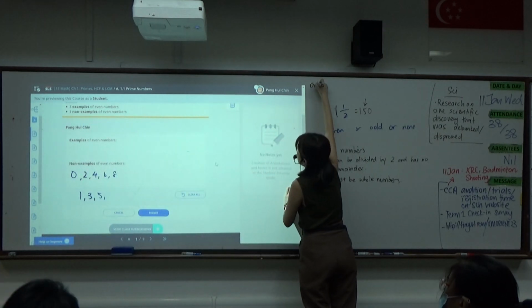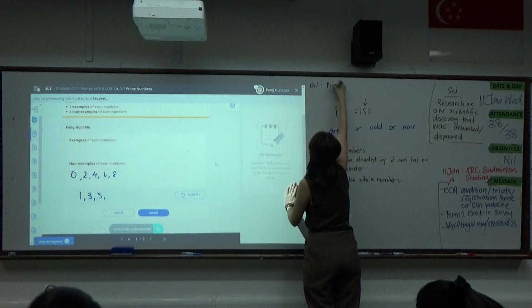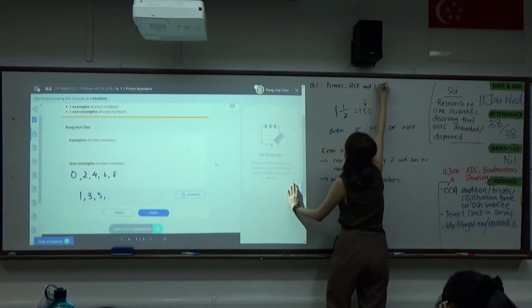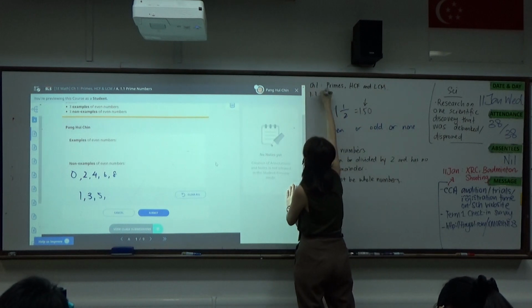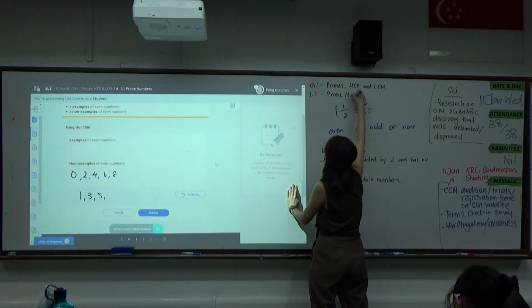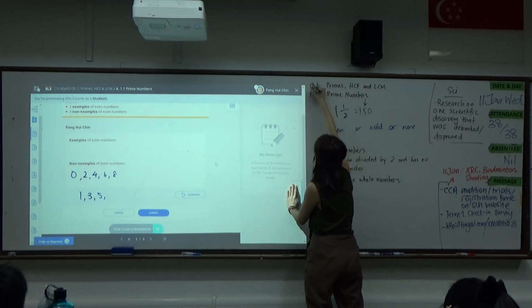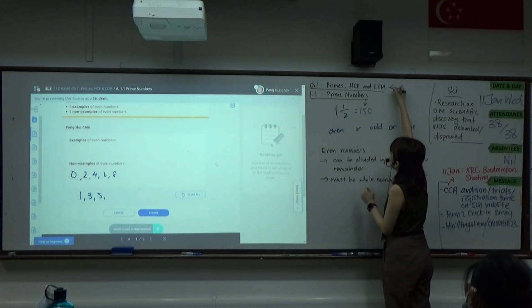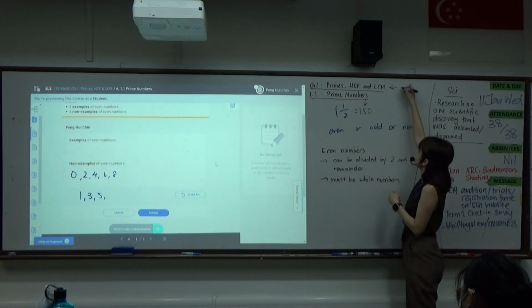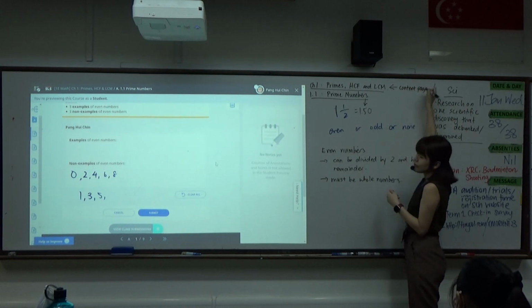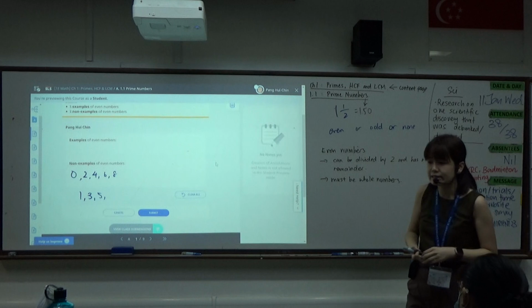We're looking at chapter 1, primes, HCF, and LCM. Currently, we are looking at 1.1 prime numbers. Okay, this shall be in your title. In your content page, you just write down the chapter in vocabulary, so that we have an organized notebook.